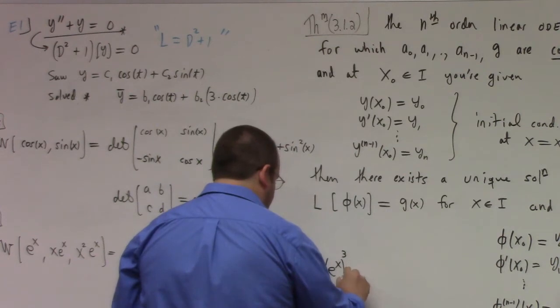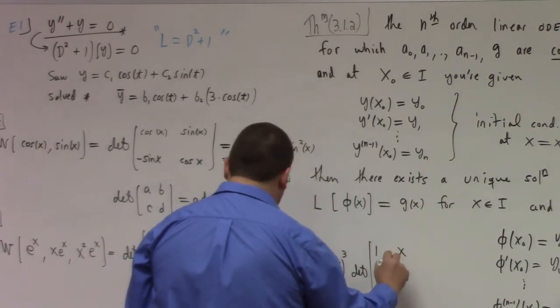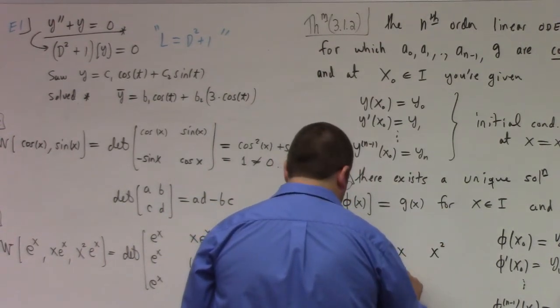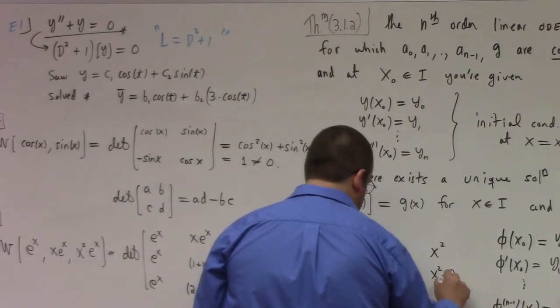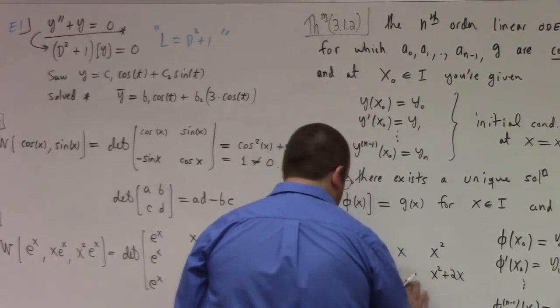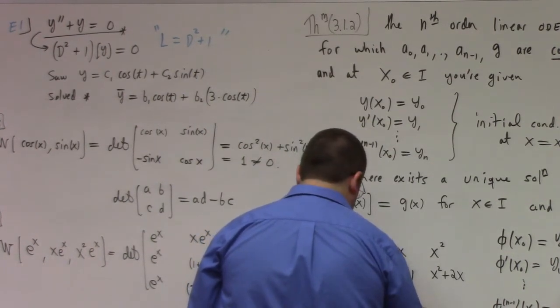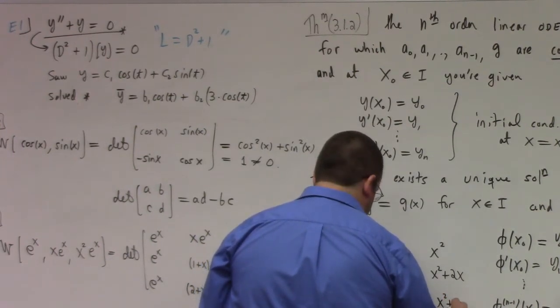And then I'll have the determinant of 1, x, x squared; 1, x plus 1, x squared plus 2x; 1, x plus 2, and x squared plus 4x plus 2.